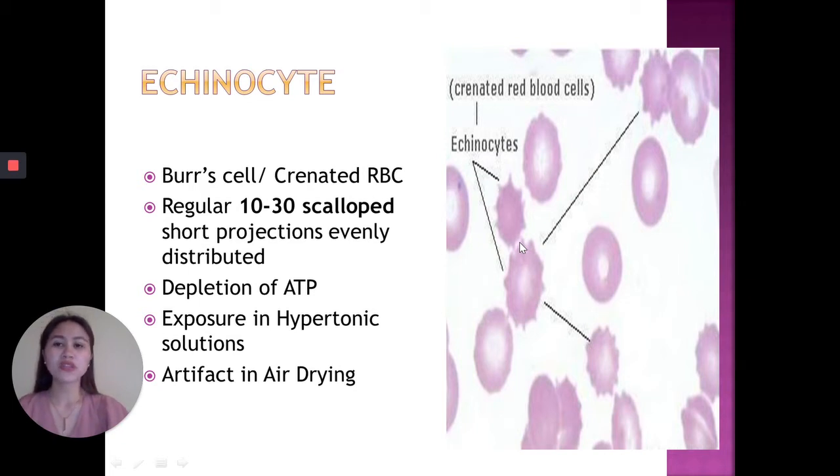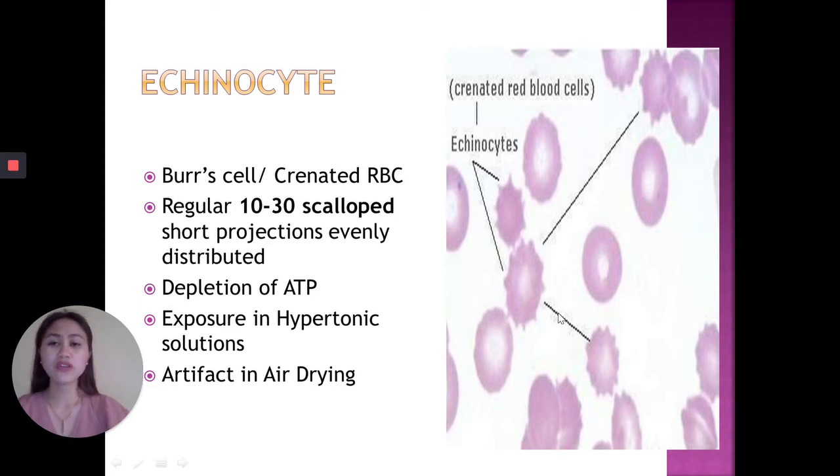It has 10 to 30 scalloped short projections, and they are evenly distributed around the surface of the RBC. The cause of this is depletion of ATP, because we all know from our lecture class that RBCs do need energy in the form of ATP.